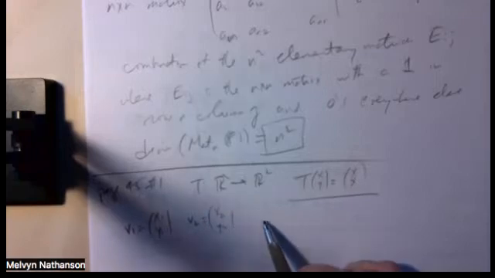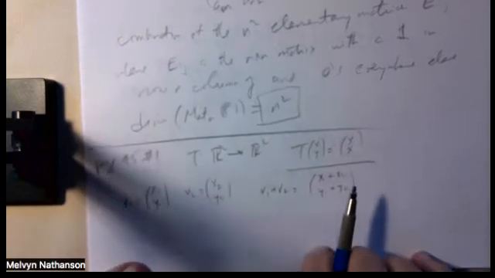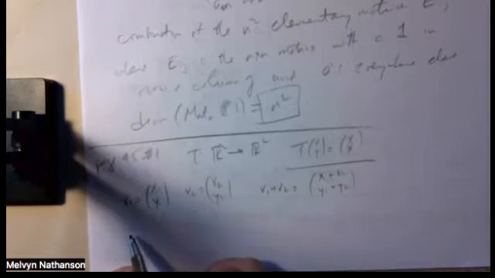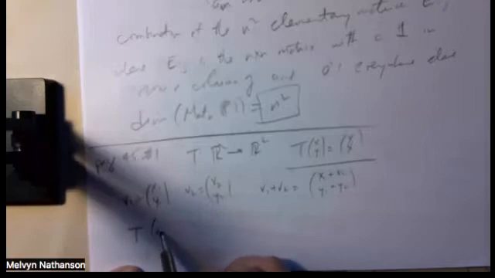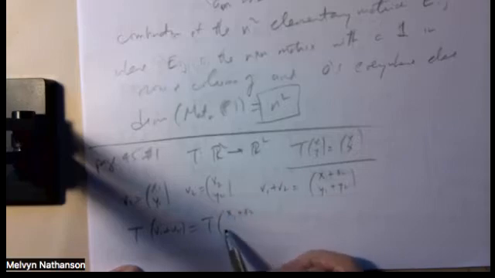If V1 is (X1, Y1) and V2 is (X2, Y2), then V1 plus V2, when you add them, you add coordinates, you get that. So T of V1 plus V2, that's T of the vector (X1 plus X2, Y1 plus Y2).